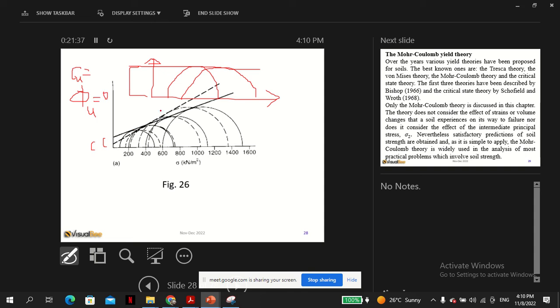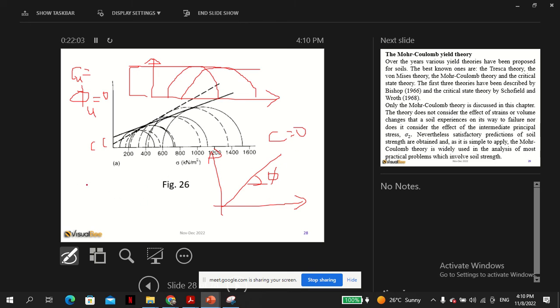Note that the soil can have these two conditions: a purely friction soil, where C is 0, or a soil that has Cu and phi is assumed to be 0. So those are the extremes.